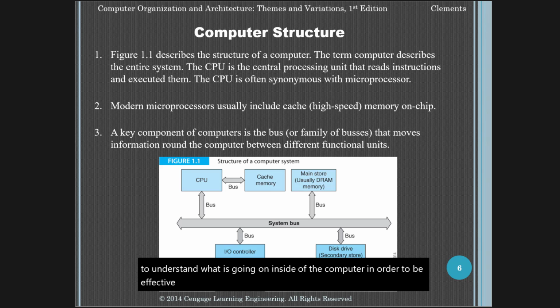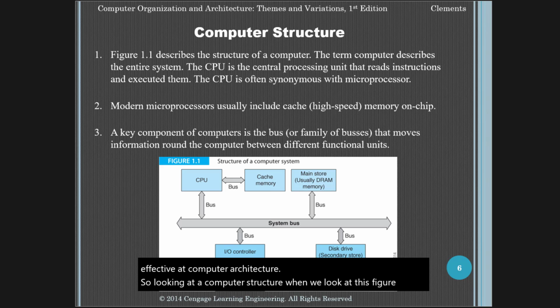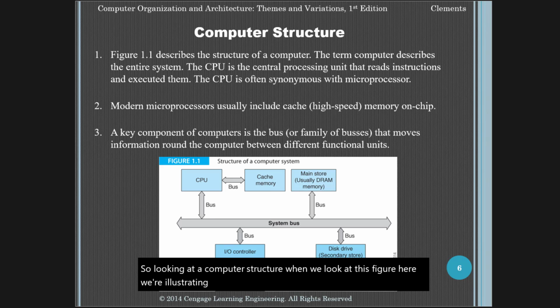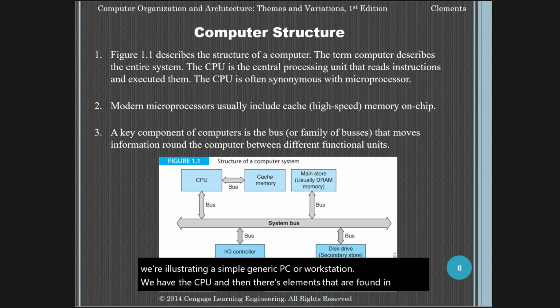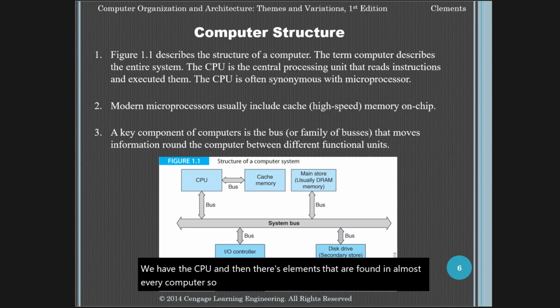So looking at a computer structure, when we look at this figure here, we're illustrating a simple generic PC or workstation. We have the CPU, and then there's elements that are found in almost every computer. So things like our memory, our cache, and a real computer uses different types of memory for different purposes.